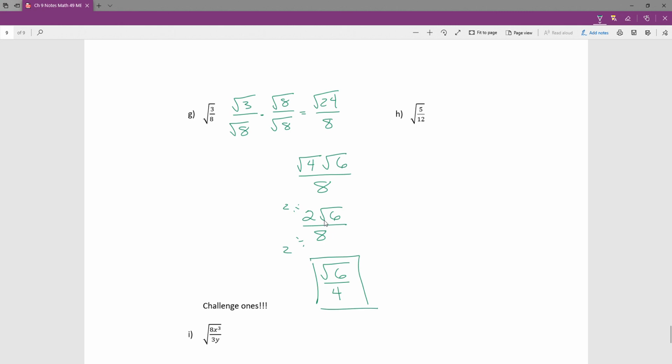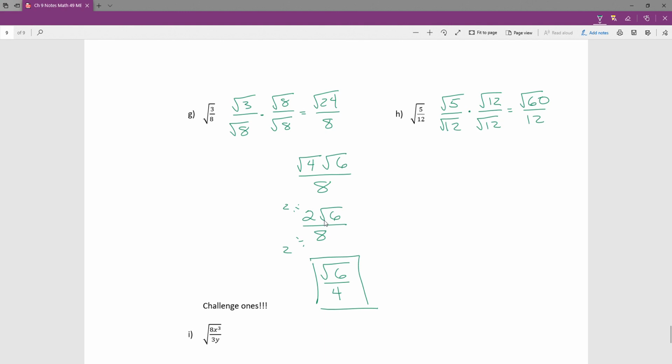One last one that's similar to this employs all three skills that we've learned in chapter 9 so far, or 9.2. Break it up, rationalize my denominator, put it back together, and then look suspiciously. Anytime you think you're done, you should look at what's under that radical sign and see if there's any perfect square factors of that number.